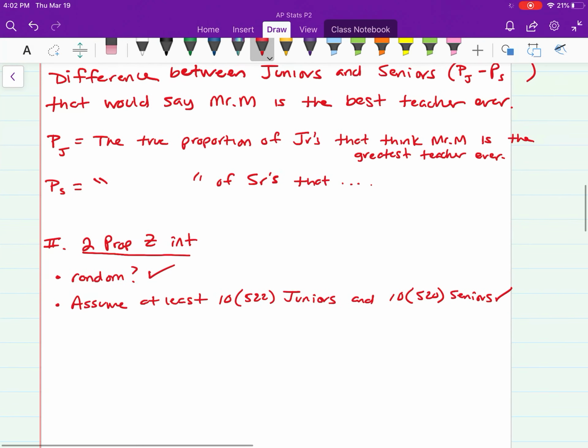That seems a little bit high. That's technically 5,220 juniors and 5,200 seniors, but let's just go ahead and assume that Elmont High School is ginormous.